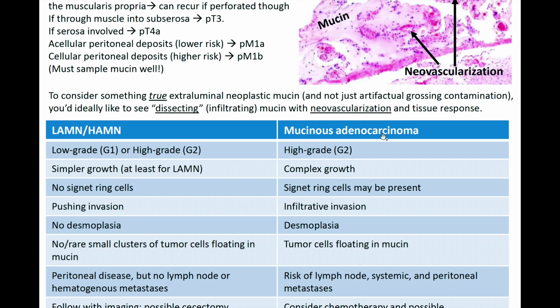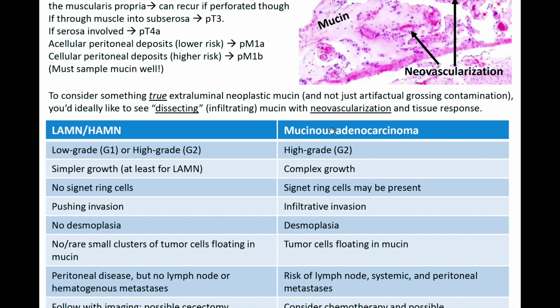There's going to be complex growth for adenocarcinoma and a simpler growth pattern for, at least for the LAMN. The HAMN may have more complex architecture. You may see signet ring cells in adenocarcinoma, but typically won't see them in LAMNs or HAMNs. And LAMN and HAMN will have pushing invasion and no desmoplasia, whereas a mucinous adenocarcinoma will have infiltration and desmoplasia.